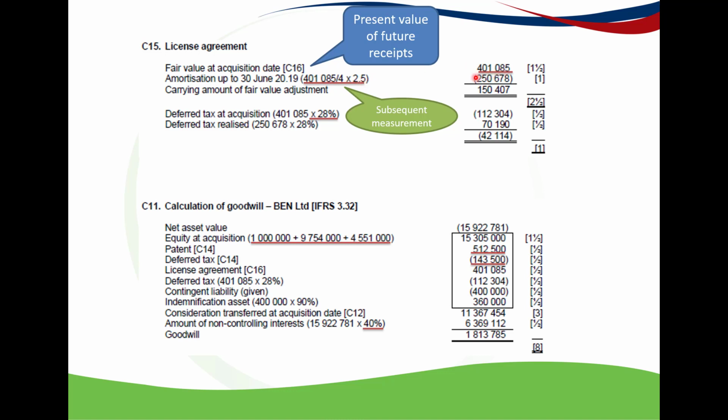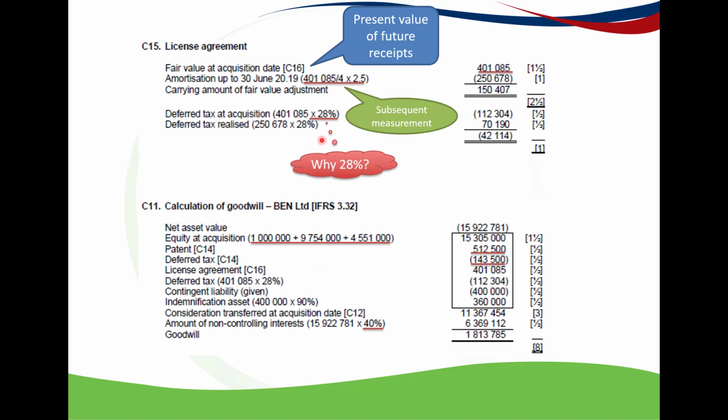So that's the cumulative amortization that was recognized, so we know what is the carrying amount of the license agreement fair value adjustment at 30 June 2019, our reporting date, and then the related deferred tax at acquisition and the deferred tax on the portion of the amortization realized.